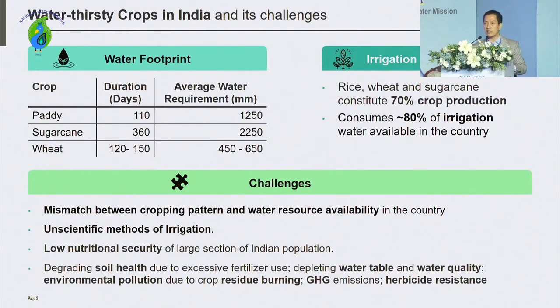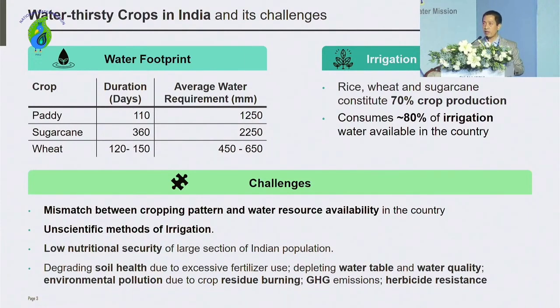We still see the wheat-rice combination in water stressed areas. We see sugarcane cultivation, we see cotton cultivation in water stressed areas. We still have unscientific methods of irrigation. Flooding is still predominantly the method of irrigation in the country.